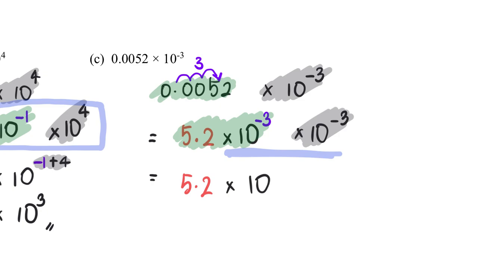So it will be -3 plus -3. And finally, I will get my final answer as 5.2 times 10 to the power of -6.